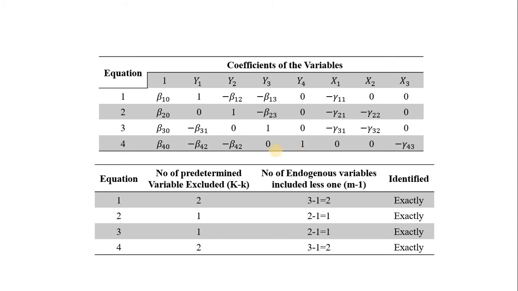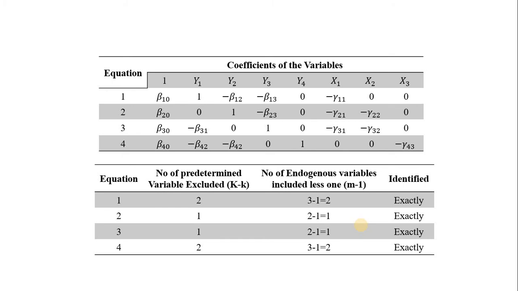Look at the endogenous variables: y1, y2, y4, that is 3. 3 minus 1 is 2. So K minus k is equal to 2, m minus 1 is also equal to 2. So here also we can say this equation is identified. In all these four cases the equations are exactly identified.